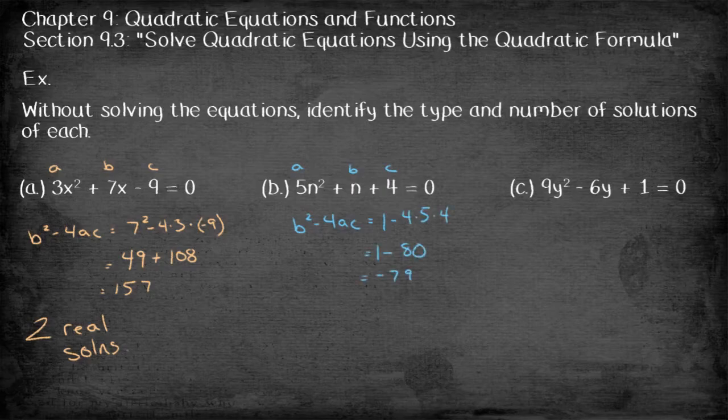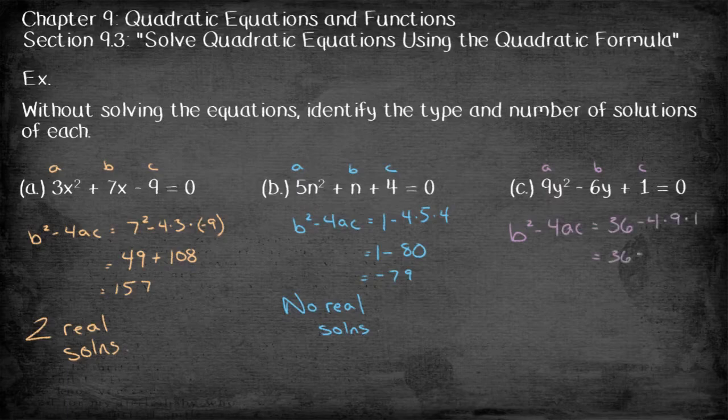Since the discriminant I end up with in this case is negative, it has no real solutions. And taking a look at the last one here, since the discriminant is 0, we have one real solution.